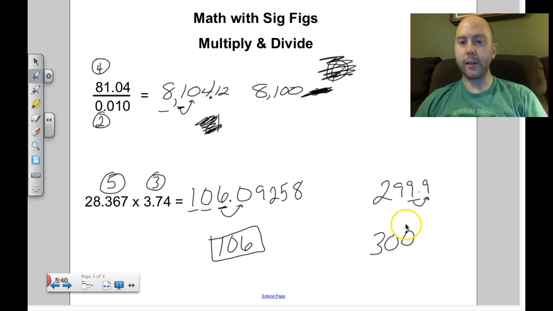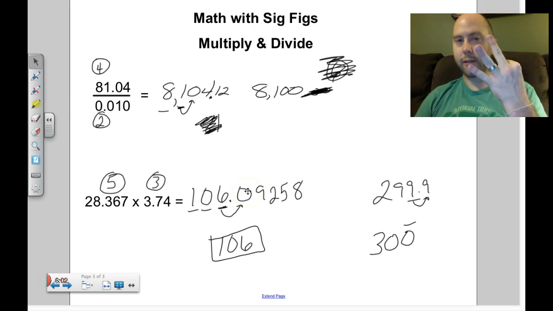Again, to make it 3 sig figs, I only need the bar over the last one, because I have a sig fig here. This is a sig fig. This 0's in between sig figs, so it doesn't need a bar. Remember, don't put bars over both 0's. That's technically wrong. You just need that bar over that last 0 to make it 3 sig figs.